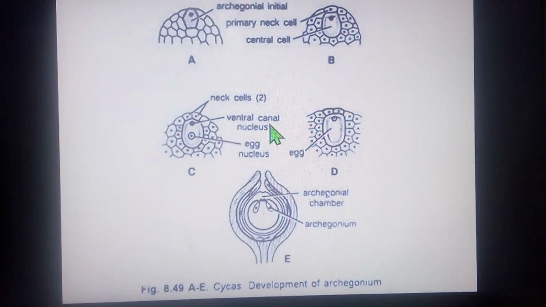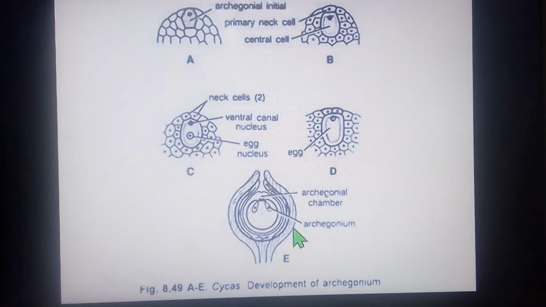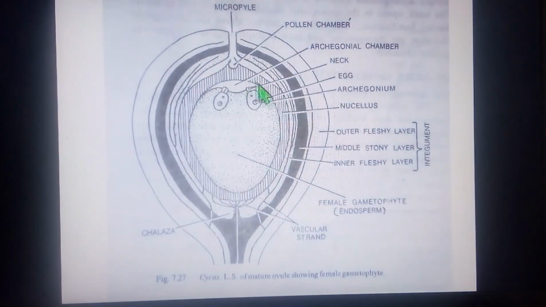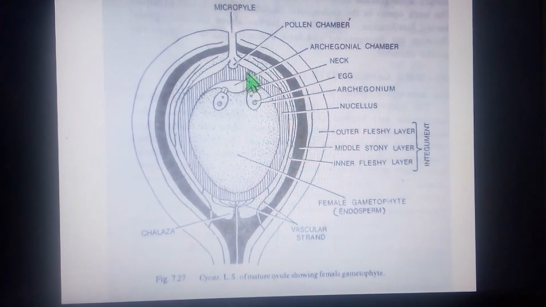Now the growth of cells immediately above the archegonia becomes restricted, whereas the surrounding cells grow more and more rapidly. Now, by the growing of these cells, it results in the formation of a shallow bowl shape. We can see here.